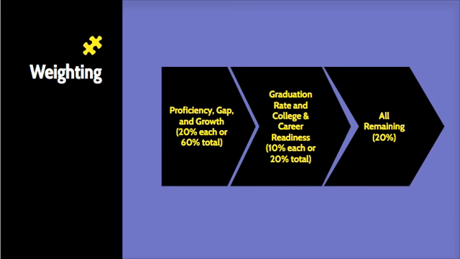A consensus was reached to assign the following weightings. Proficiency, gap, and growth would be worth 20% each or 60% total. College readiness and graduation worth 10% each or 20%, and the 20% left distributed across the remaining indicators. However, because each measure does not apply to all school levels and not all measures are available for each type of school, a final decision was made to adjust the weighting to account for these differences.